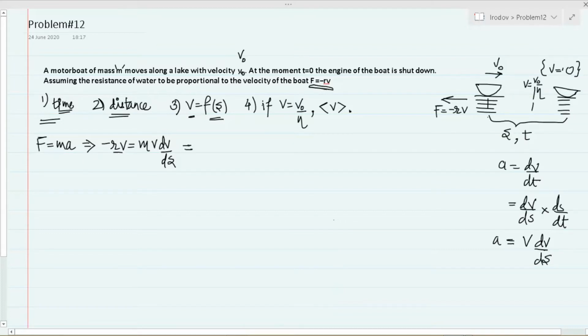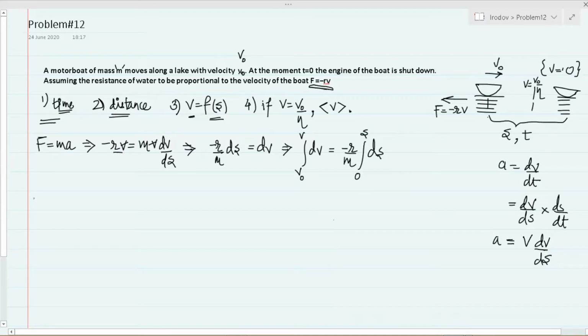Now, this implies that v from both the sides can be cancelled, and we have minus r by m ds is equal to dv. Now we will integrate both the sides. dv, we are going to integrate from v naught to our velocity v, and minus r by m integration ds, we are going to integrate from 0 to s.